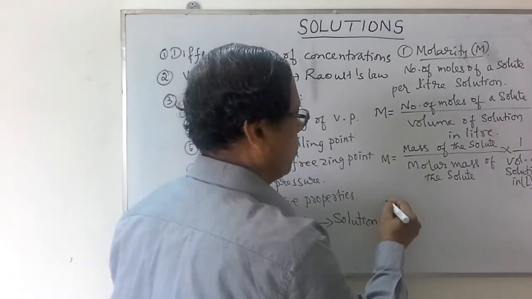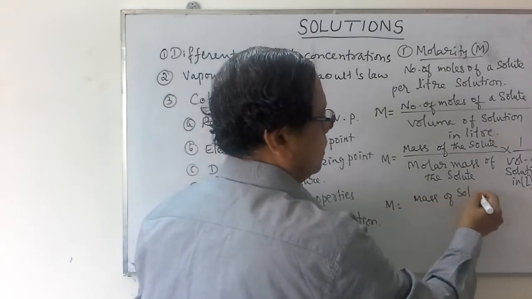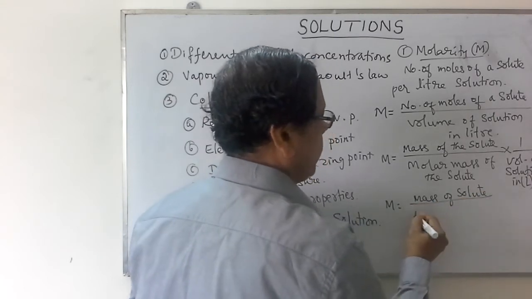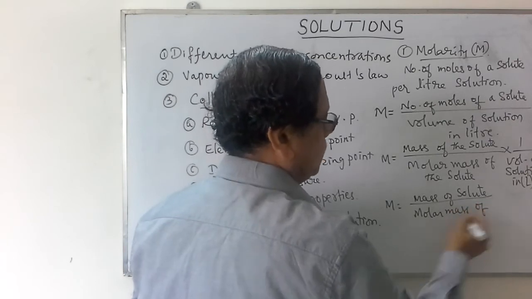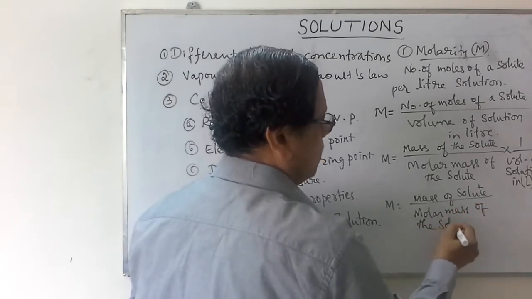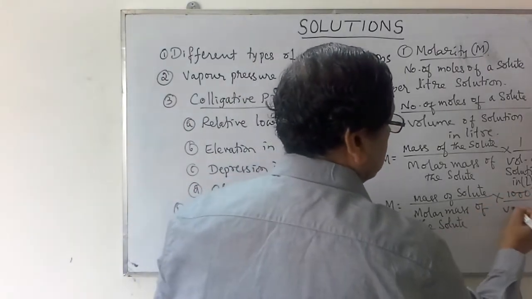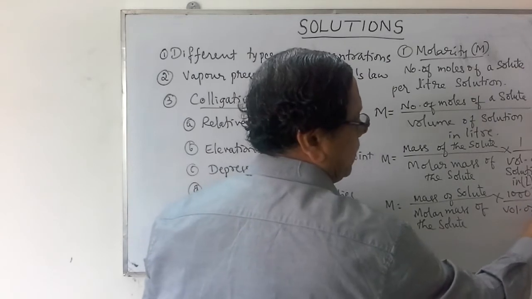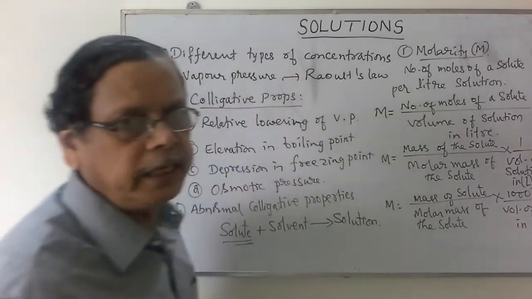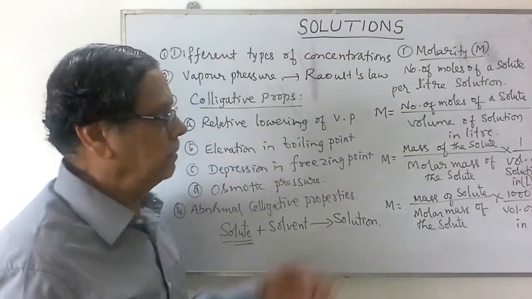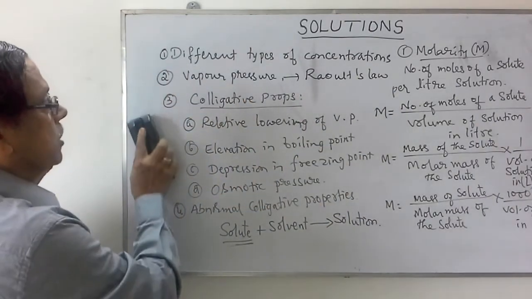So we can also write molarity is equal to mass of solute divided by molar mass of the solute, into 1000 divided by volume of solution in milliliter. Now let us take some examples to calculate the molarity of the solution.